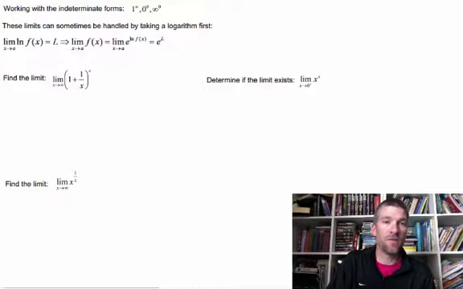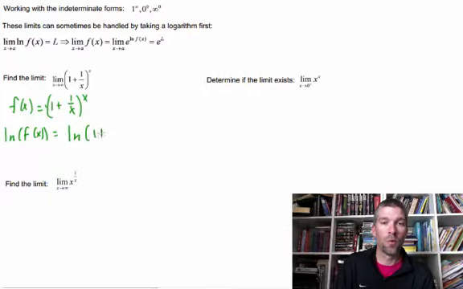If I let f of x equal 1 plus 1 over x to the x power, and I take the natural log of f of x, then this is the natural log of 1 plus 1 over x to the x power.